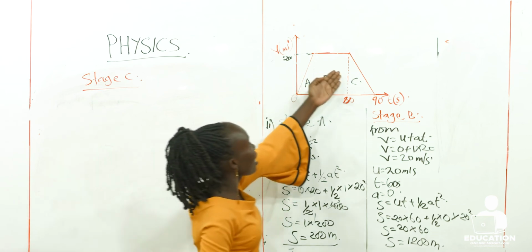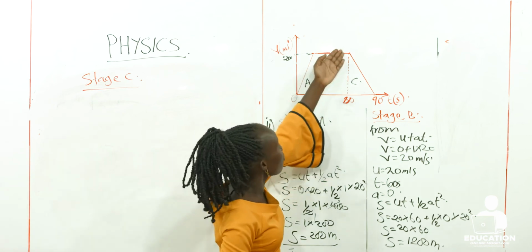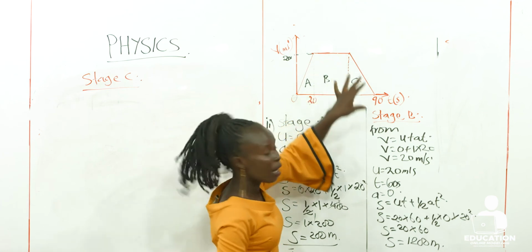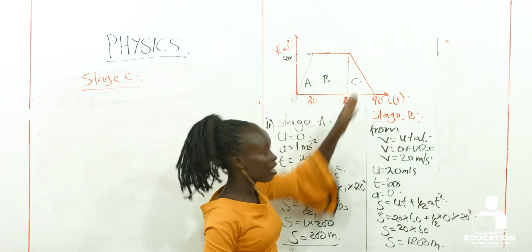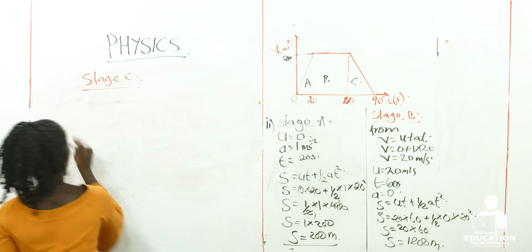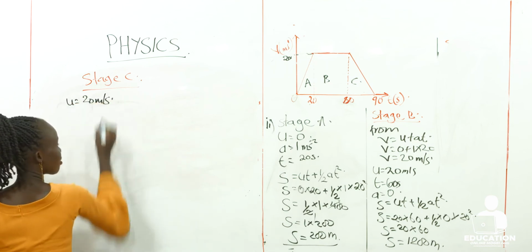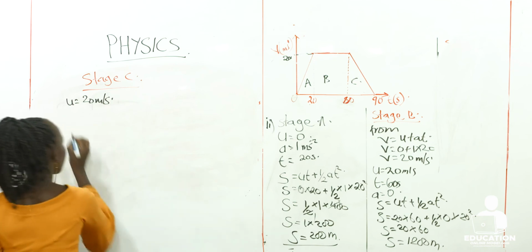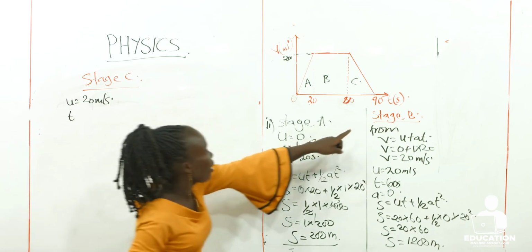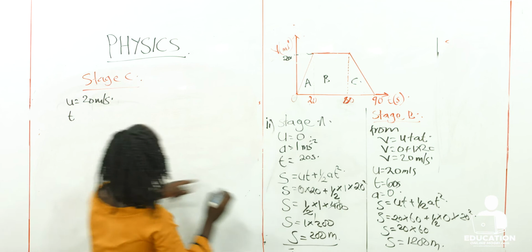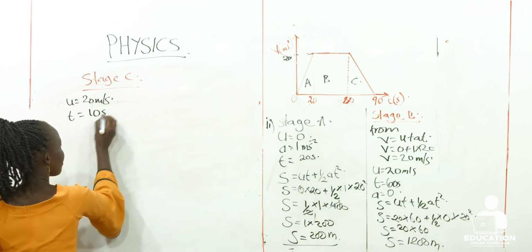At this stage, the final velocity of our stage B becomes the initial velocity of our stage C. So our U at that point is equal to 20 meters per second. So what is our time frame? You get 90 minus 80, you get 10 seconds.